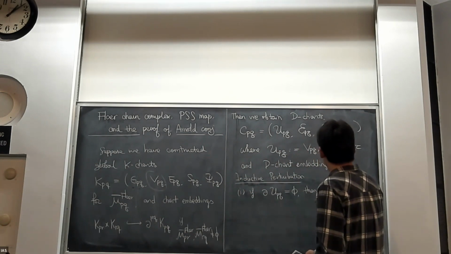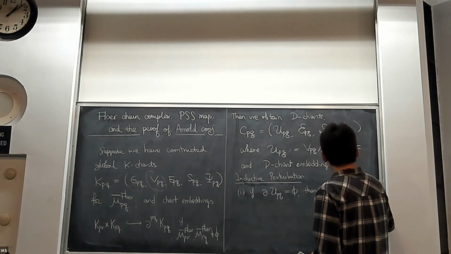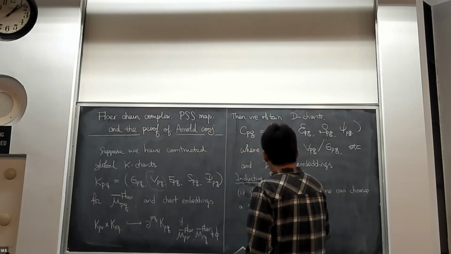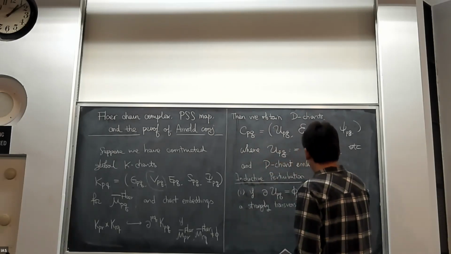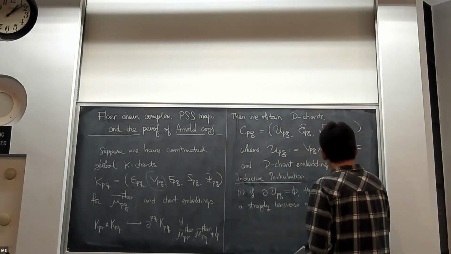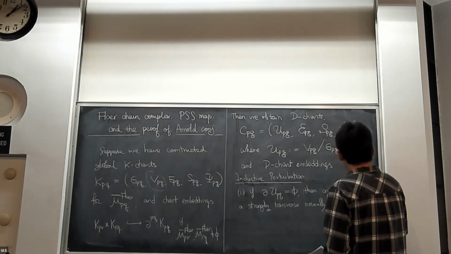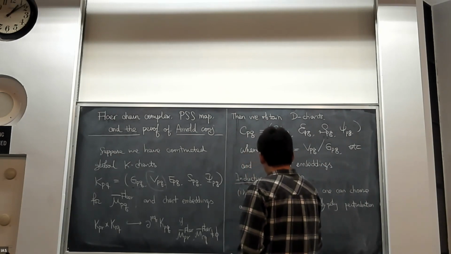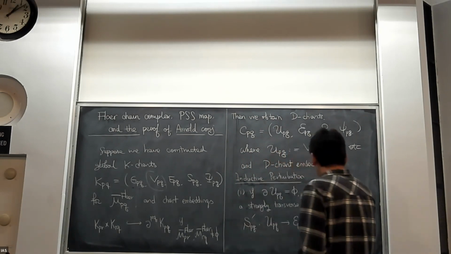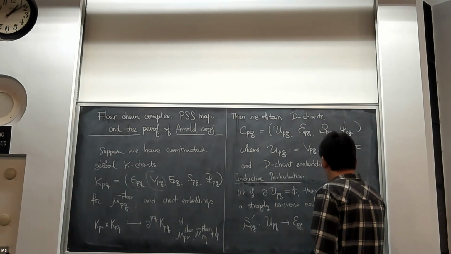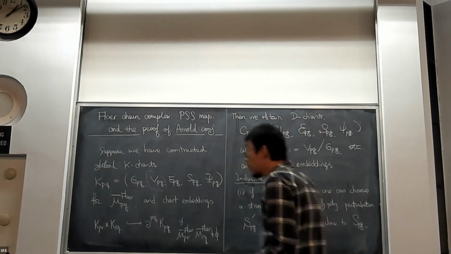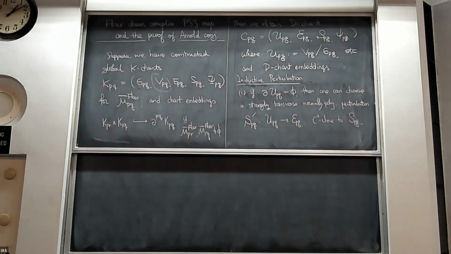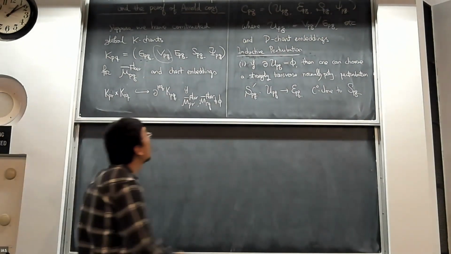Once again, choose a strongly transverse, normally complex, normally polynomial perturbation, let's say C0 close to the original section.